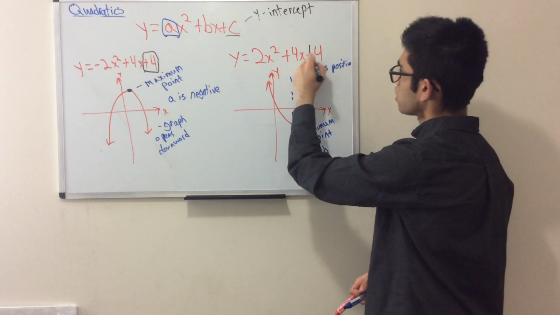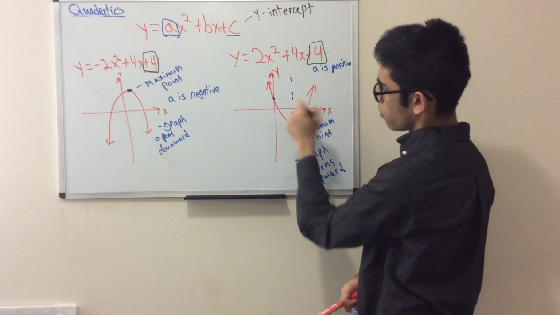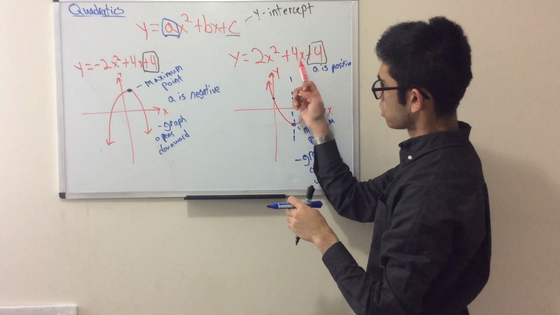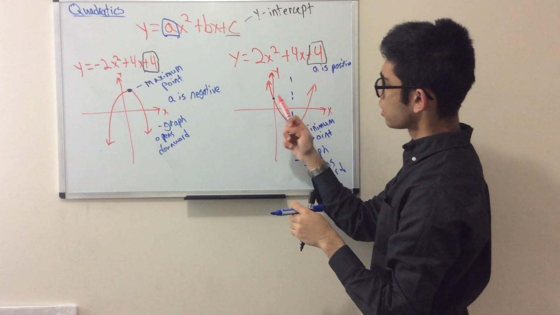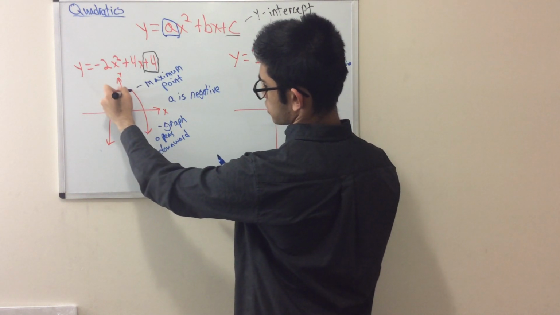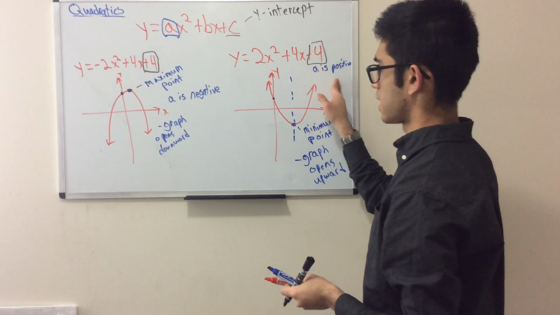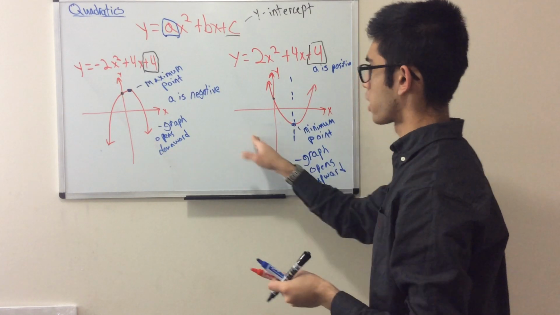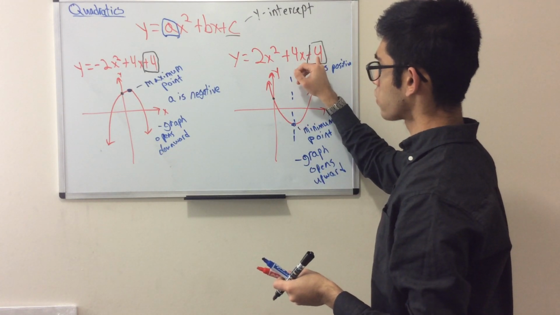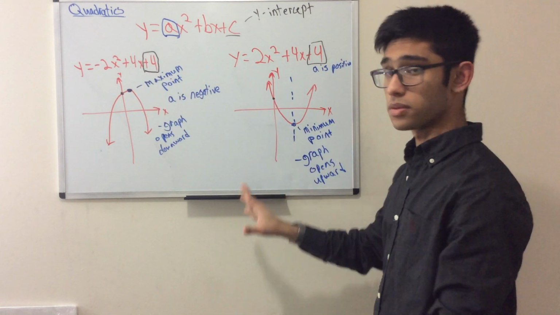It's also the same here. So 4 is my C value here, and my y-intercept is going to be 4. And it's also the same here. These two graphs both have the same y-intercept, because the C value is my y-intercept, 4.